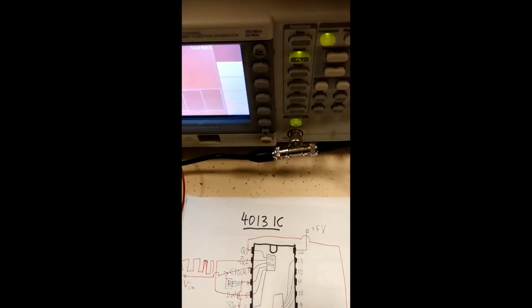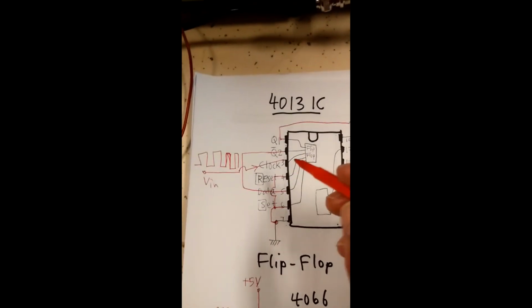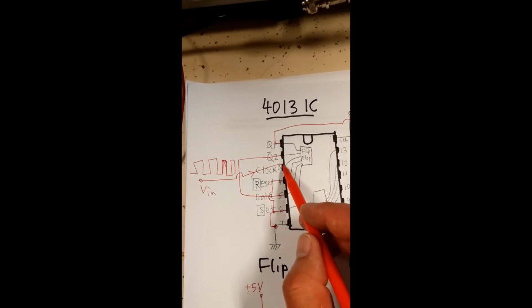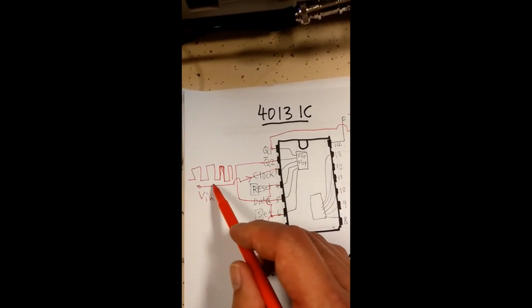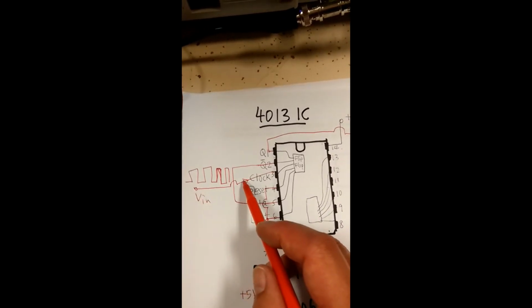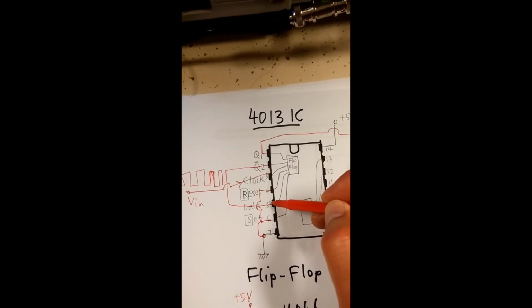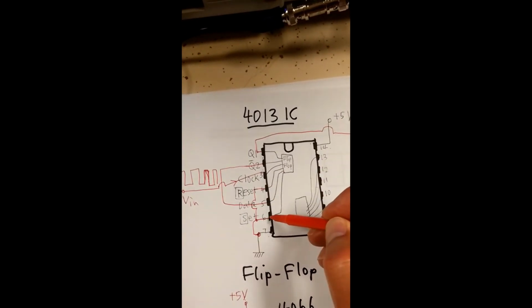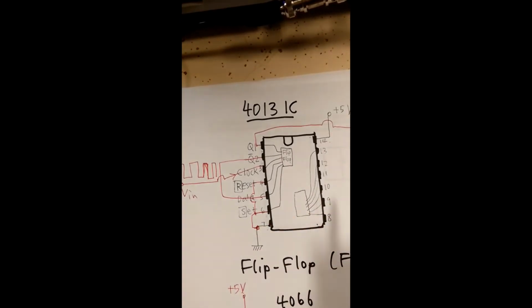The generator signal is fed into pin number 3 of 4013. It's a square wave signal, and for the rest, pin 2 is connected to pin 5, pin 4 connected to pin 6, then connected to ground.